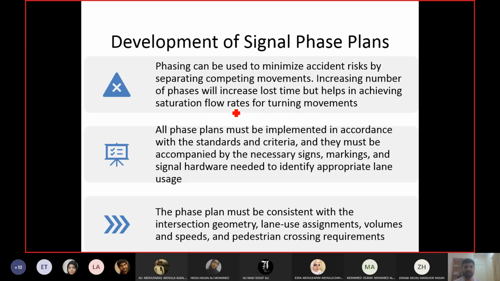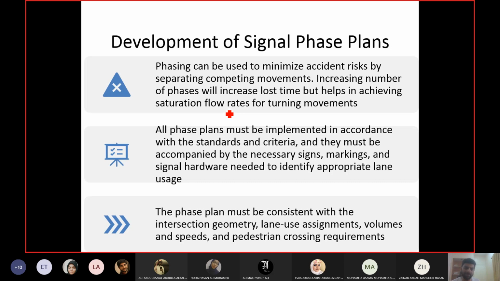Turning movements can achieve saturation flow rates if they have separate phases. When turning movements are allowed with the straight movements and so on, they usually do not achieve the maximum flow rate, the saturation flow rate, because drivers drive more cautiously, so their headway is usually higher.